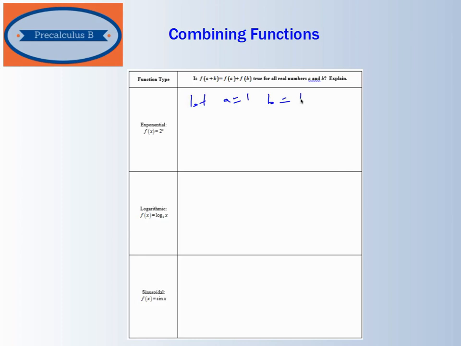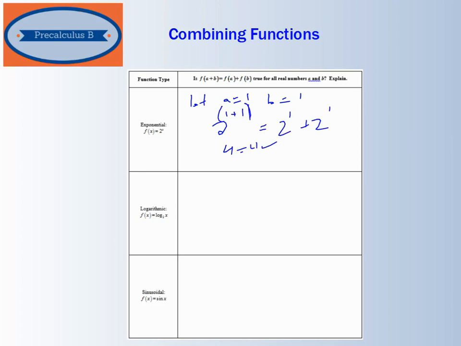Does 2 to the 1 plus 1 equal 2 to the first plus 2 to the first? Does 2 squared, or 4, equal 4? Yes, it does. But with any other numbers, it's not going to work. It's the same pattern.